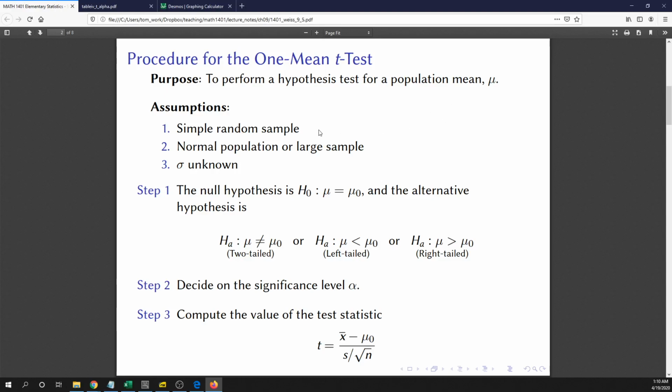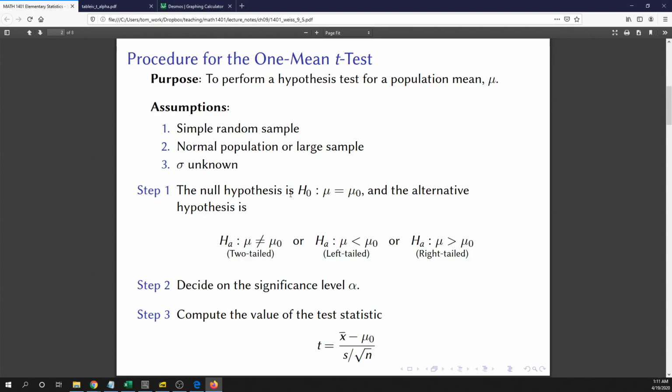The assumptions that have to be valid in order for this test to be applicable are that we have to have a simple random sample. It has to come from a normal population or have a large sample. And then here is a key difference: sigma is unknown. So we do not know what the population standard deviation is.